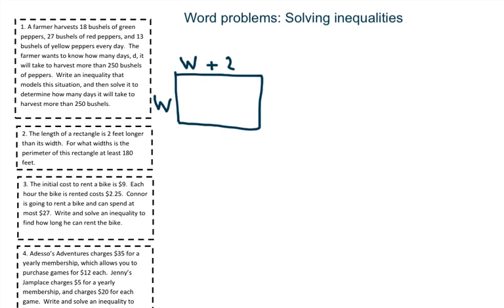And keep in mind that we have this formula that we have learned in previous courses, and we reviewed it recently. The perimeter is 2 times the length plus the width added together. So if we use that formula, we want the perimeter to be at least 180 feet.